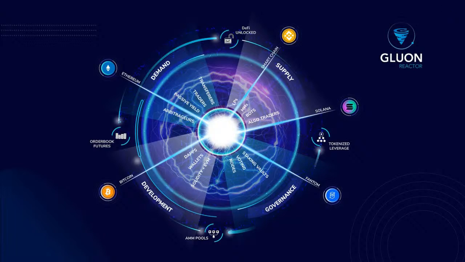People come in from a demand standpoint where they want to earn passive yields or trade crypto, or they come in from a supply standpoint, where there is all this liquidity provisioning and market making going on. Or they are developers who are comfortable with the EVM and Solidity and the entire set of development tools that have become quite popular over the last few years.